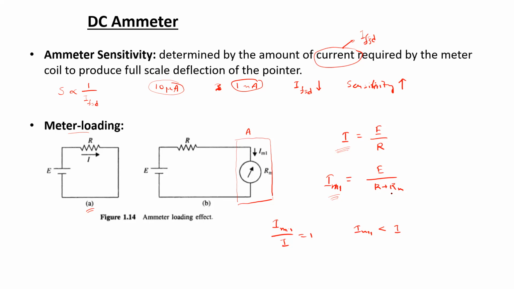So in that way, adding the shunt resistance can lower the equivalent resistance of the ammeter, and it can also minimize the loading effect.